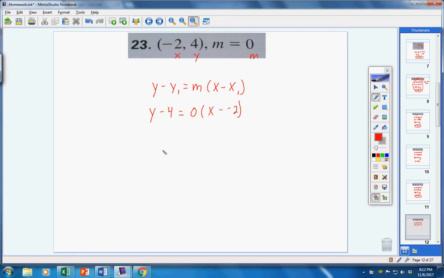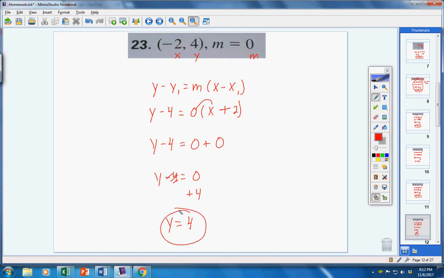And here we go. y minus 4, there's no simplifying I can do there. Okay. x minus a negative 2 makes that a positive 2. 0 times x is 0. 0 times 2 is 0. 0 plus 0 is 0. Bring your 4 over, make it a positive 4, and there we go, that's it.